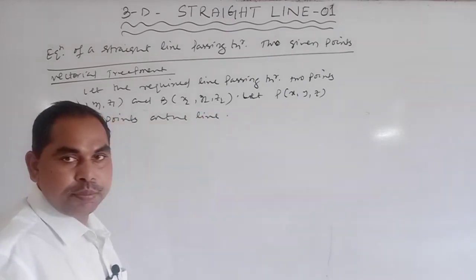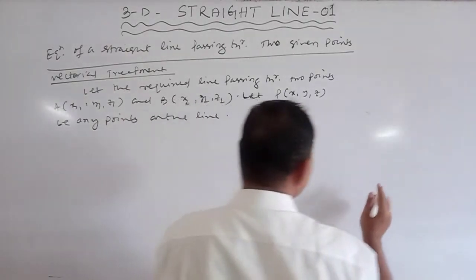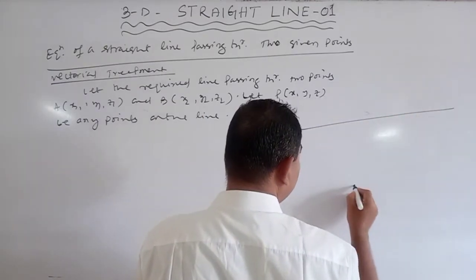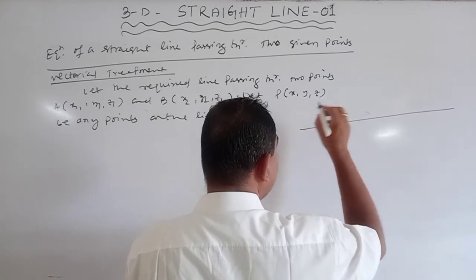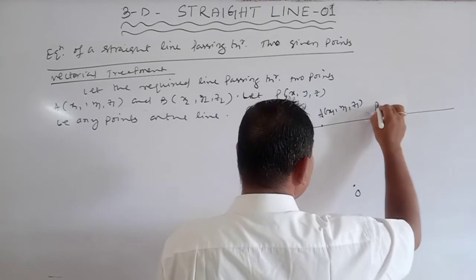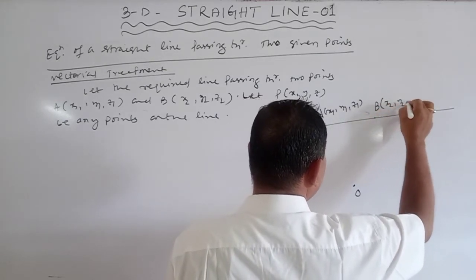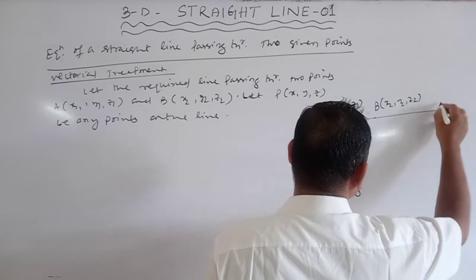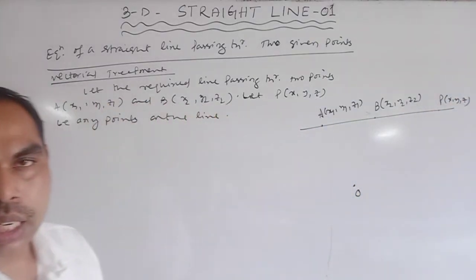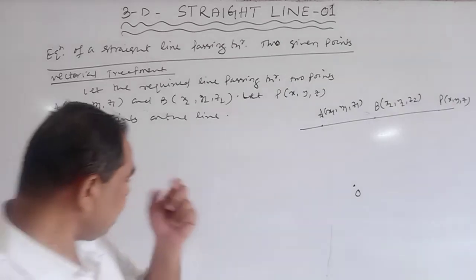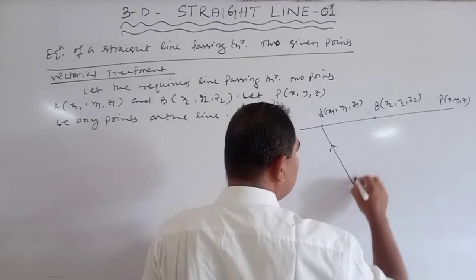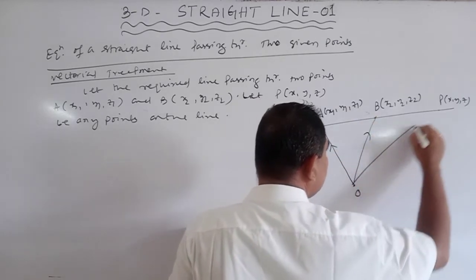This is the line, this is the origin O, this is a fixed point capital A having coordinate x1 y1 z1. The line also passes through a fixed point B having coordinate x2 y2 z2. And let P having coordinate x y z be any point on the line. This is OA, this is OB and this is OP.